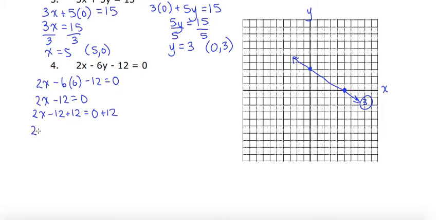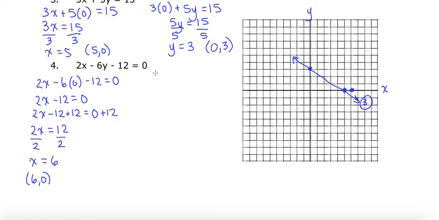So we have 2x, and negative 12 plus 12 is 0, and then 0 plus 12 is 12. So now it becomes an equation like we had up there, which we can solve. So we're going to divide both sides by the coefficient in front of the x. So 2 divided by 2 is 1, so we're left with x, and 12 divided by 2 is 6. And the coordinate would be 6, 0. So now I can go ahead and plot my x-intercept of 6, 0, so right there.